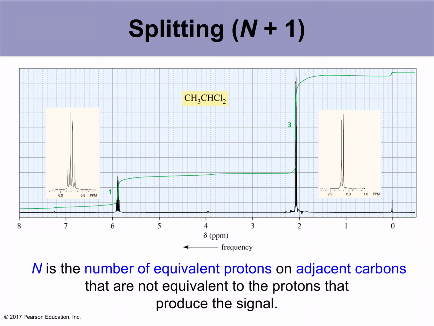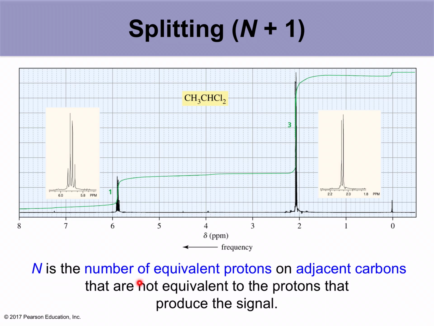And then the splitting. How do we observe this splitting and how many peaks is it going to split into? Now this is CH3CHCl2. 1 hydrogen in one area, 3 hydrogens in another.